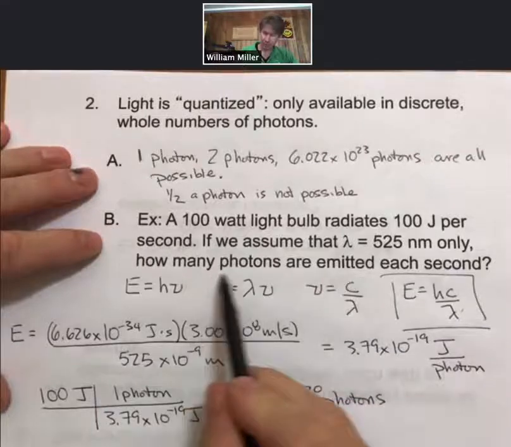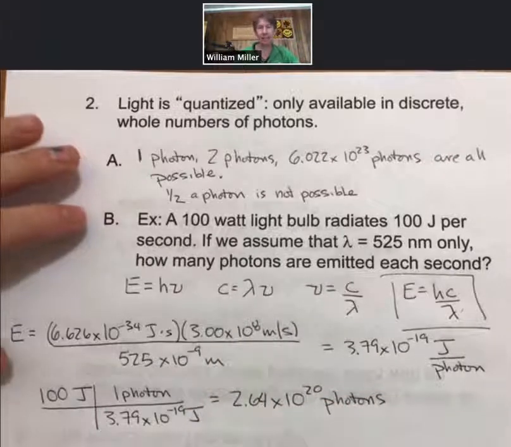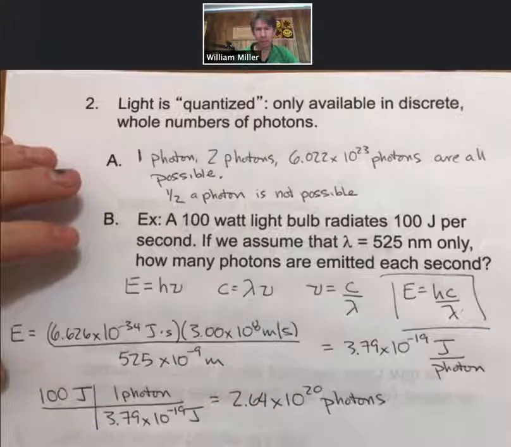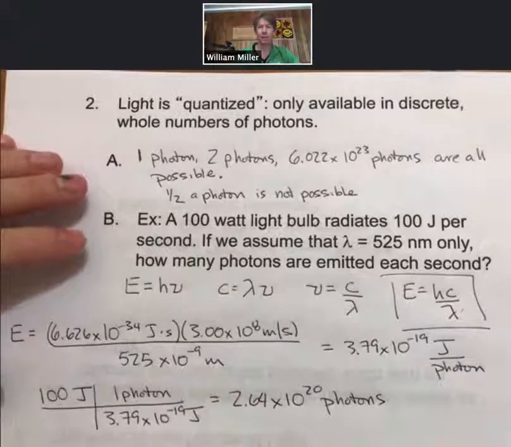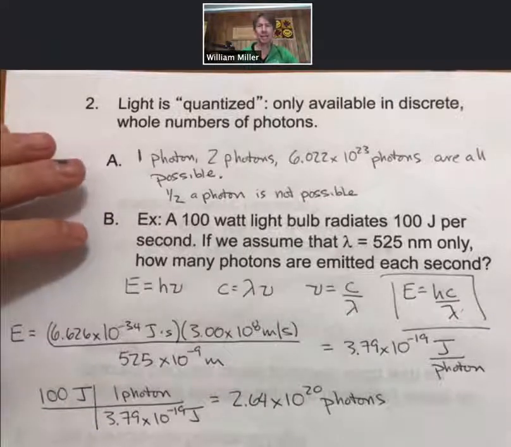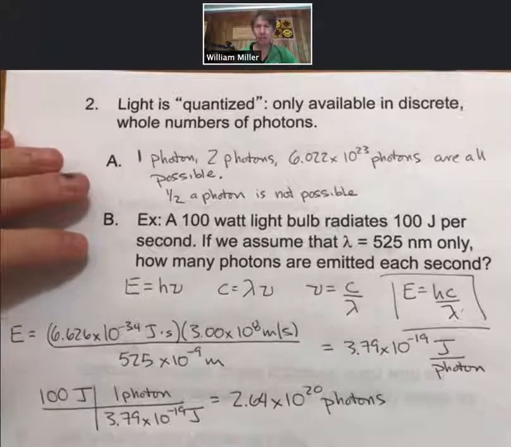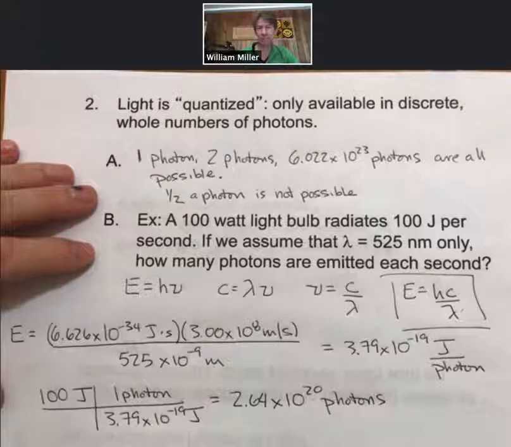And that is the number of photons that are emitted each second, a very large number of photons. However, remember, photons come in quantized numbers. You can count them, even if you've got to count very high into very large numbers to get to the actual numbers.